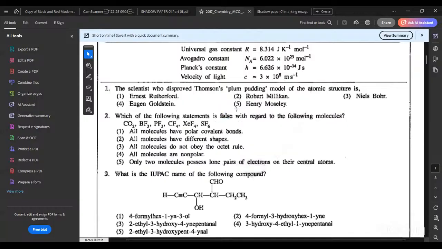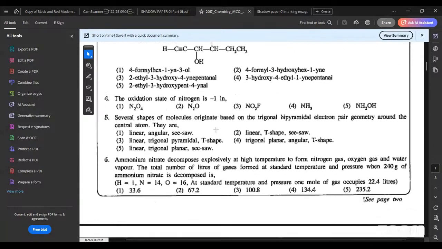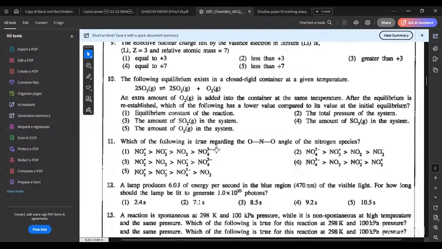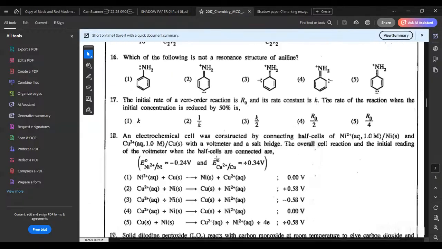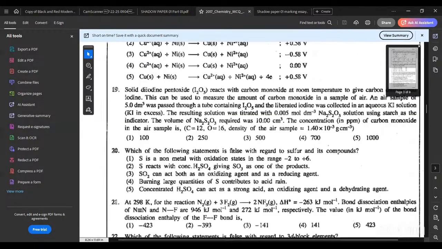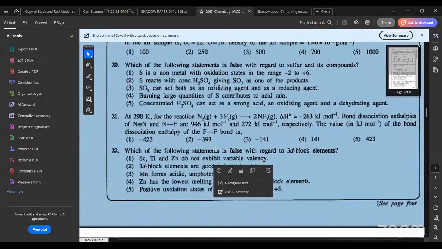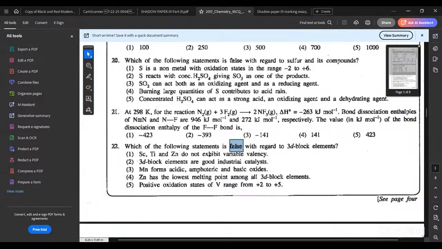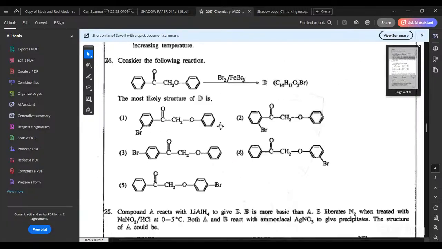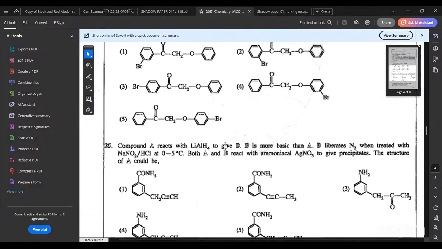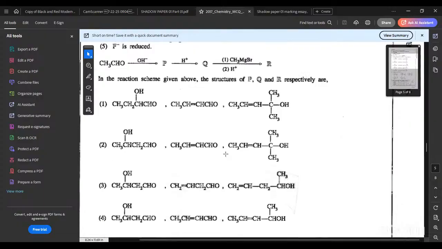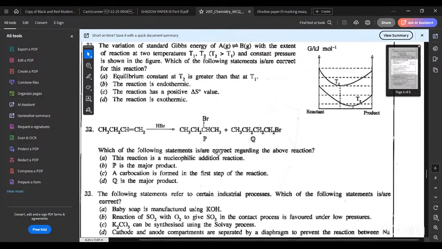Please, I repeat, please highlight all the false words in the whole paper. Which of the following is false? You have to mark it or highlight it here. See, which of the following is false? Because what will happen is, due to time problems or anything, when you're ending the paper, especially ABCD type questions.